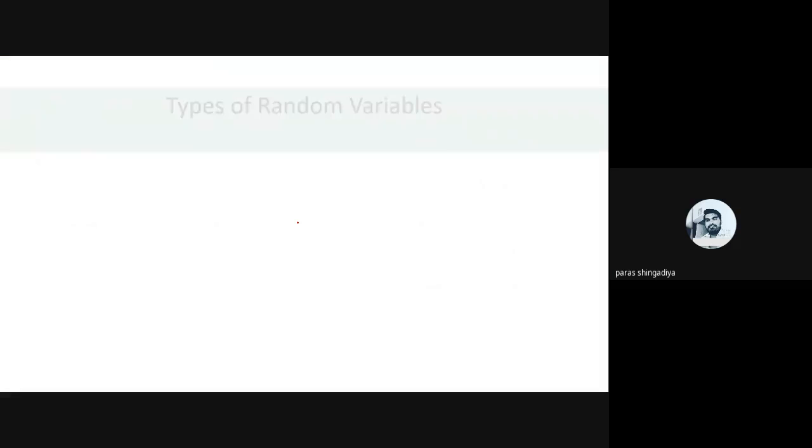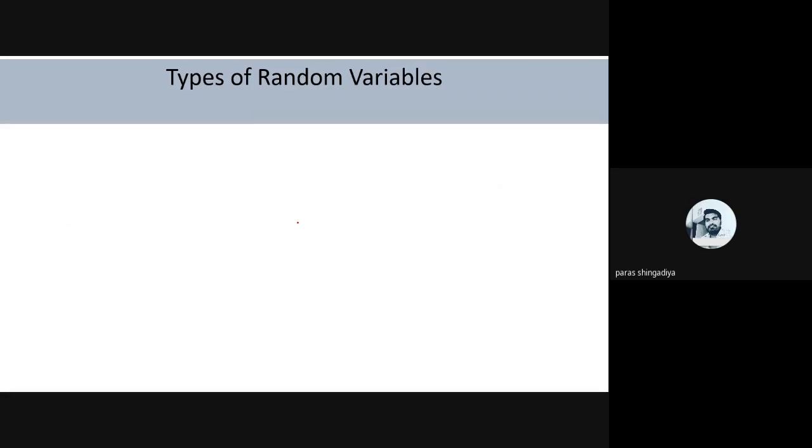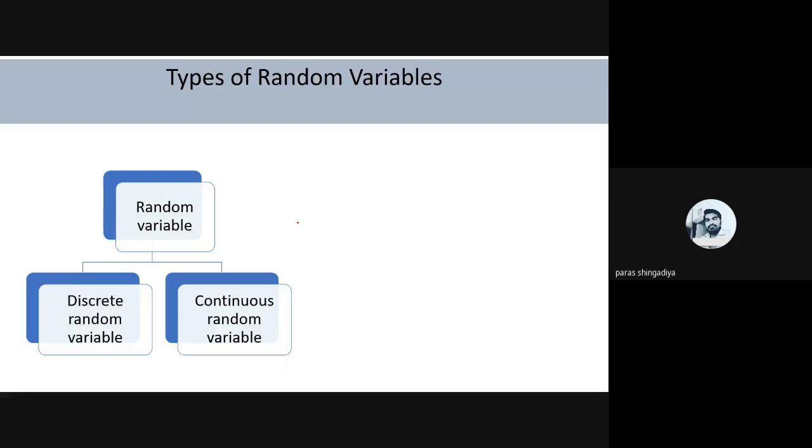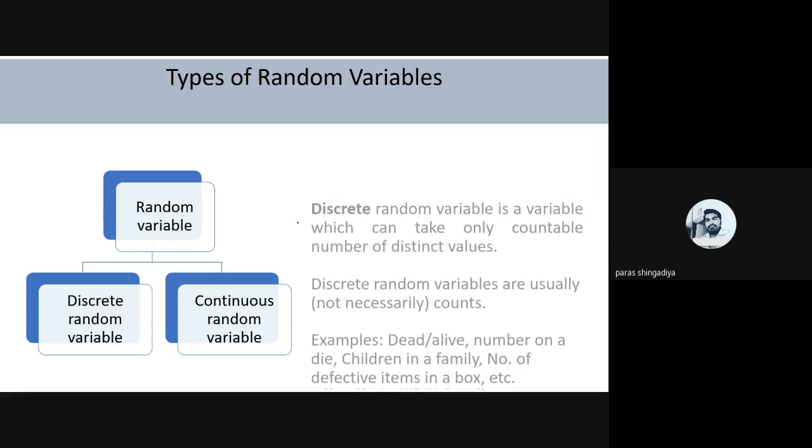And now next there are types of the random variable, so there are two types of random variable, okay, one is a discrete random variable and second is a continuous random variable, okay, discrete and continuous. So what is the meaning of discrete random variable?